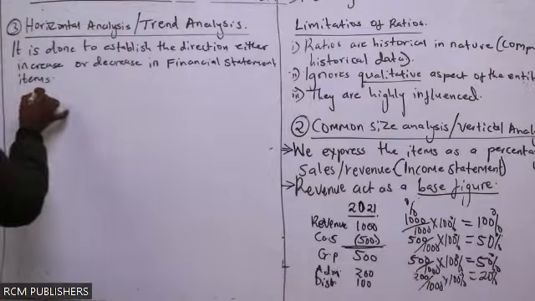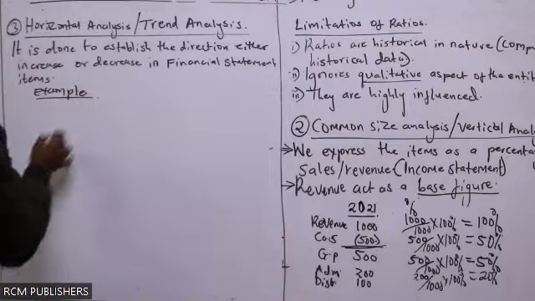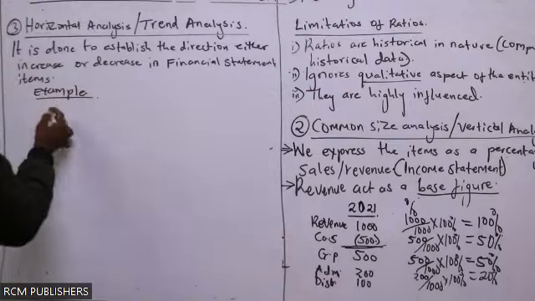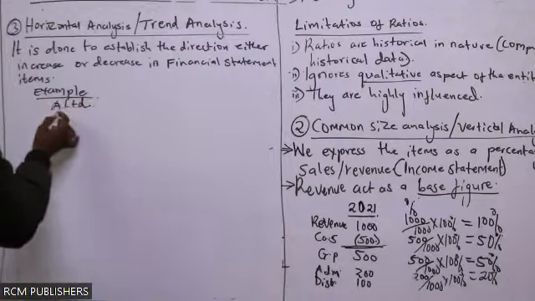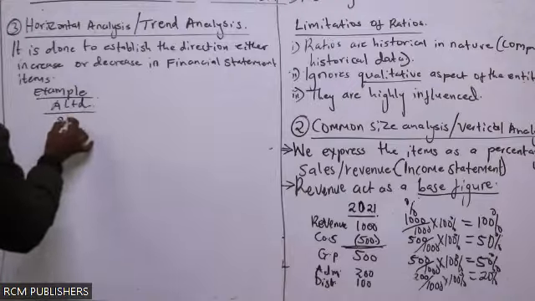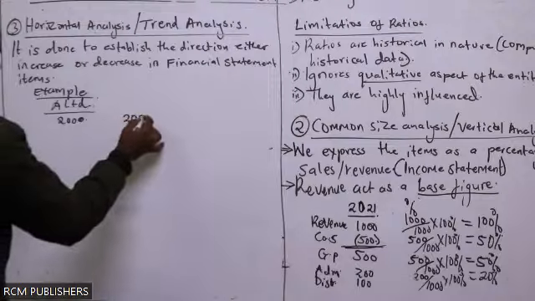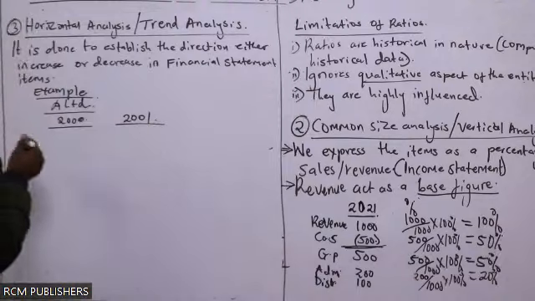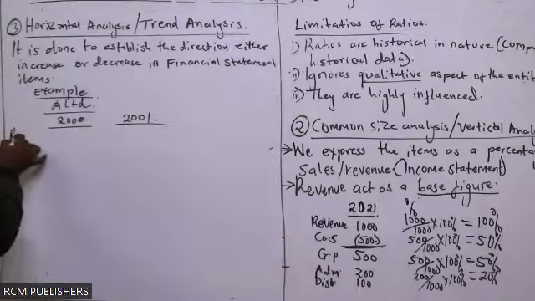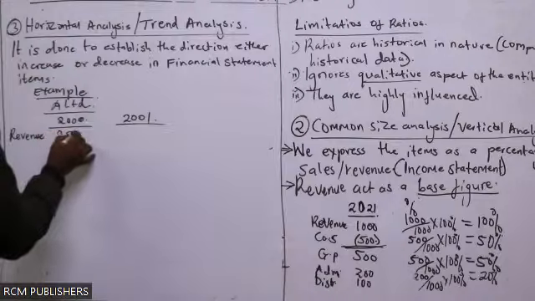For example, financial statement year 2000 and 2001. So in the year 2000, revenue, tuseme tulikuwa na revenue hapa maybe 2,500.